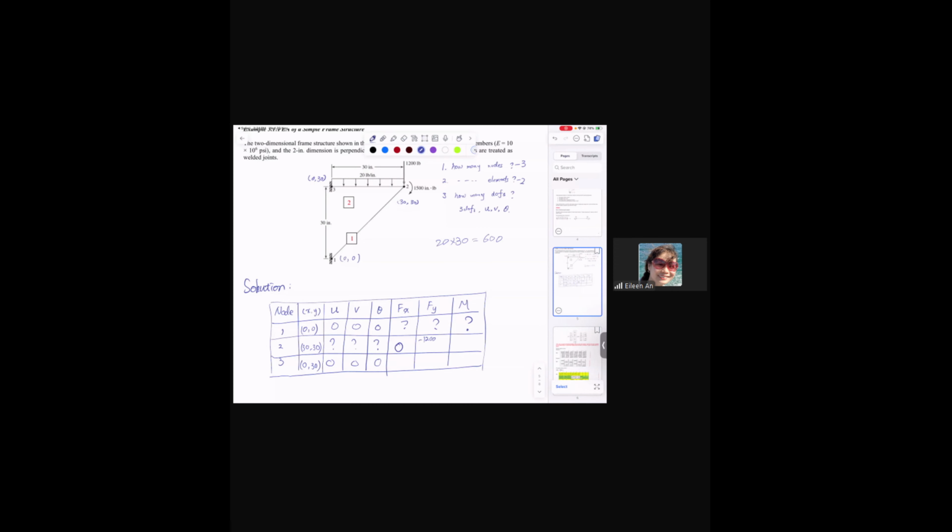But this 600-pound force will be shared by node 2 and node 3, right?